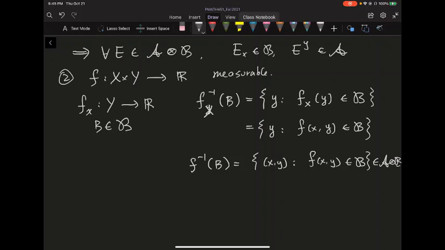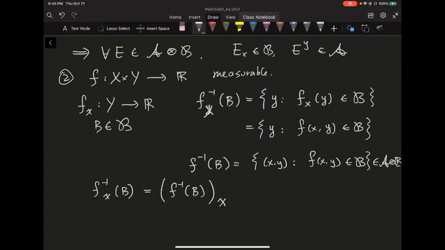And if you compare these, it's getting clear that f_x inverse of B is essentially f inverse of B, but you fix the x coordinate, you only look at the y coordinate.